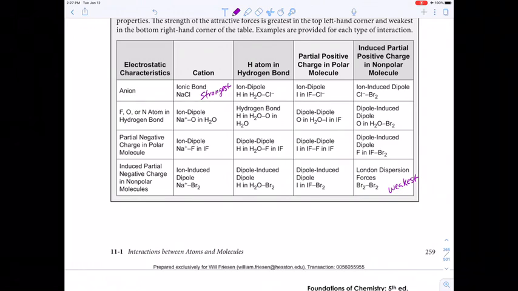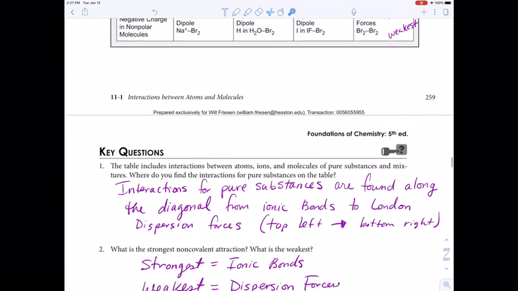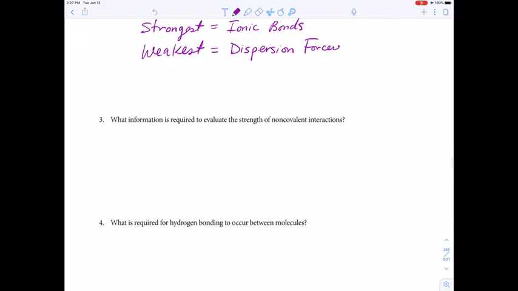So, all of this information contained here. So, whether we have a hydrogen atom capable of hydrogen bonding, whether we have a polar molecule, whether we have an induced positive charge, that temporary dipole, those things are what we call the electrostatic characteristics.